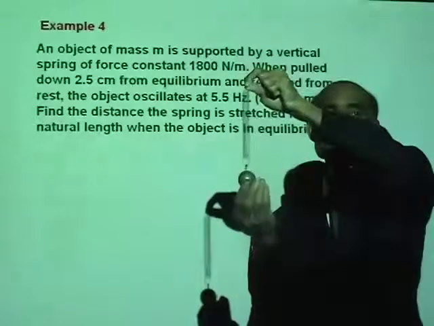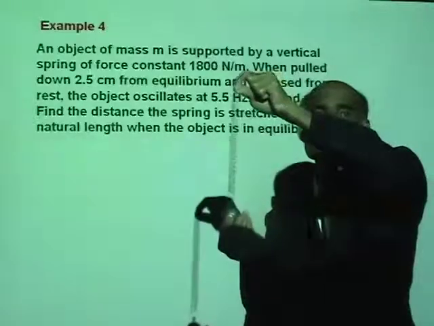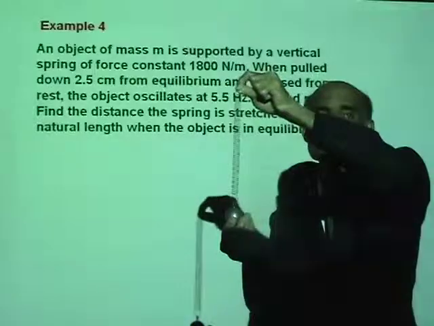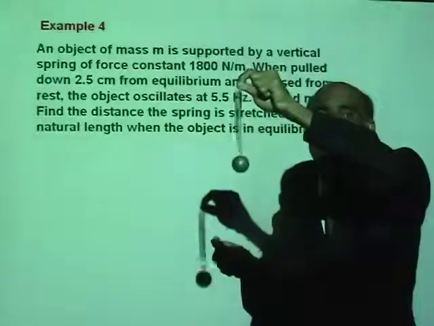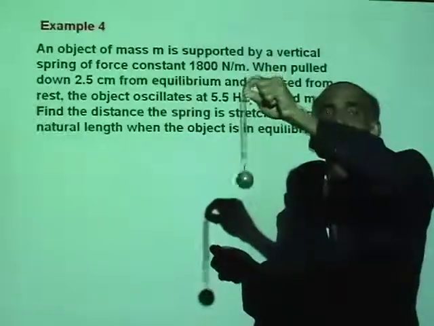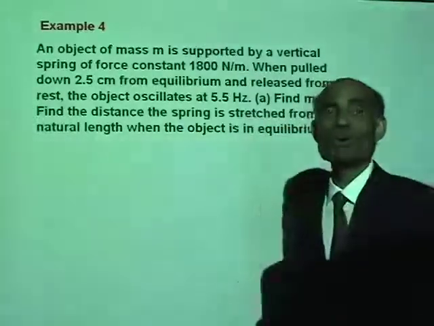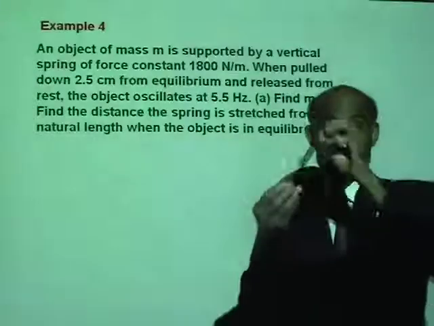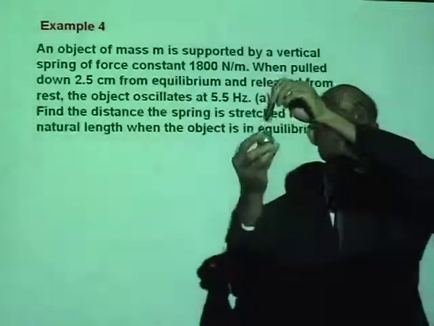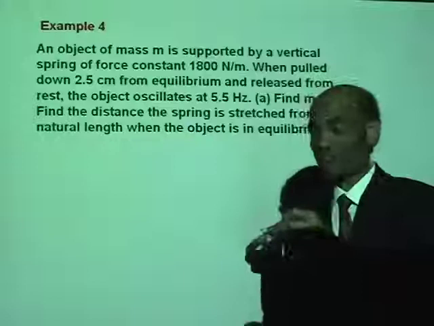If you pull it down 2.5 centimeter from the equilibrium position and release, it oscillates with a frequency of 5.5 Hertz. What do we need to find? Find the mass, and find the distance the spring is stretched from its natural length.